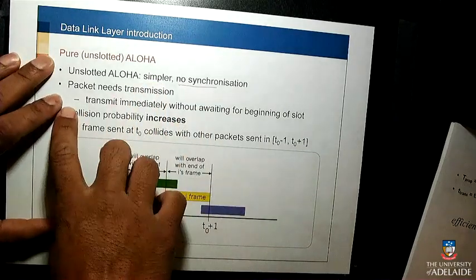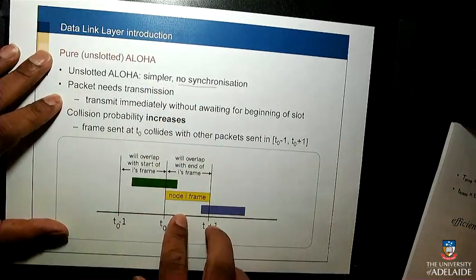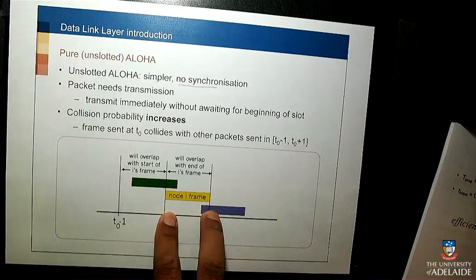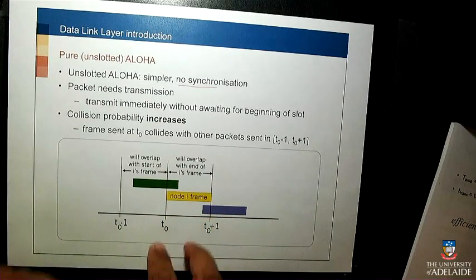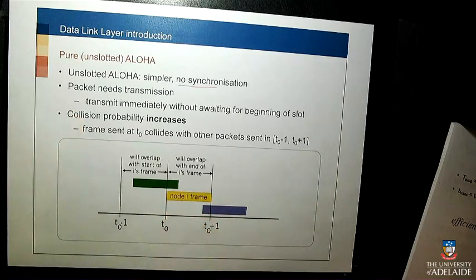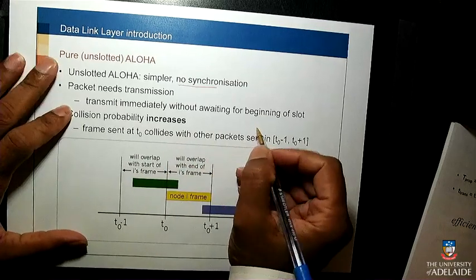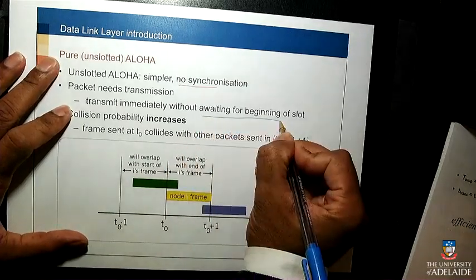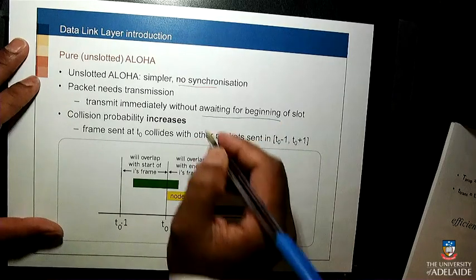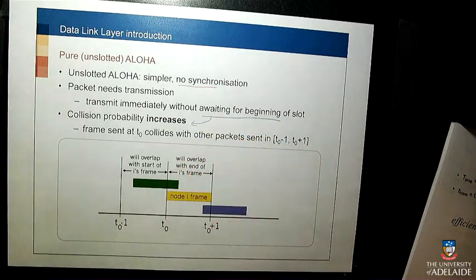Instead, you have a defined packet size, could be Ethernet frame size, whatever it is. When you have something to send, you just send it. Clearly, this will increase the collision probability, because you don't wait for the beginning of a slot. And you can see that here.